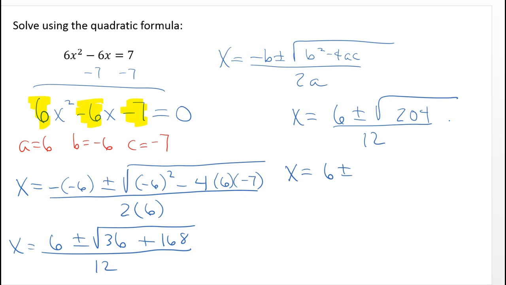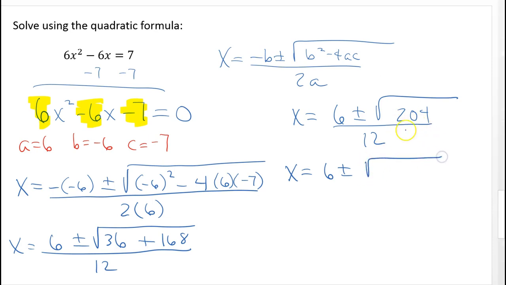And I'm just playing with my calculator to figure that out. I know 4 goes in there. And 4 is the highest perfect square that divides into 204.